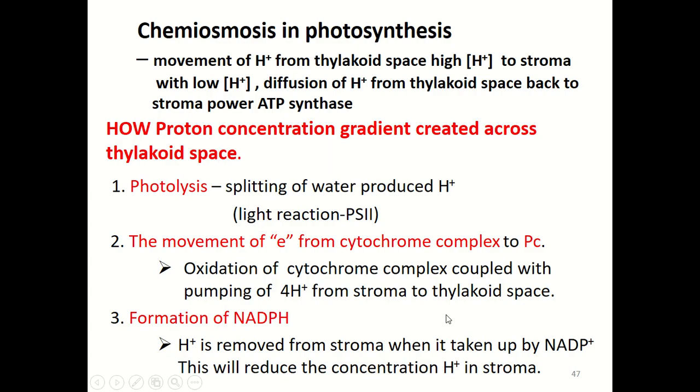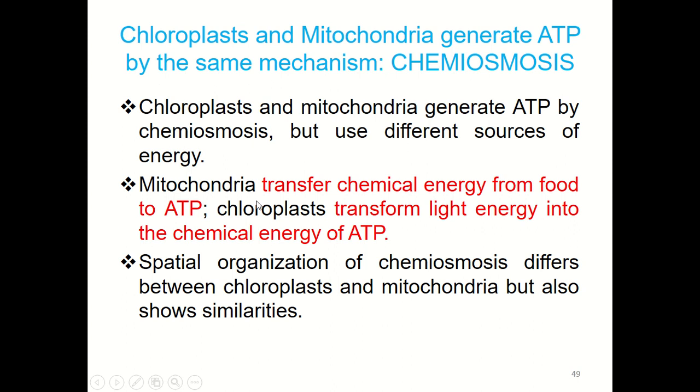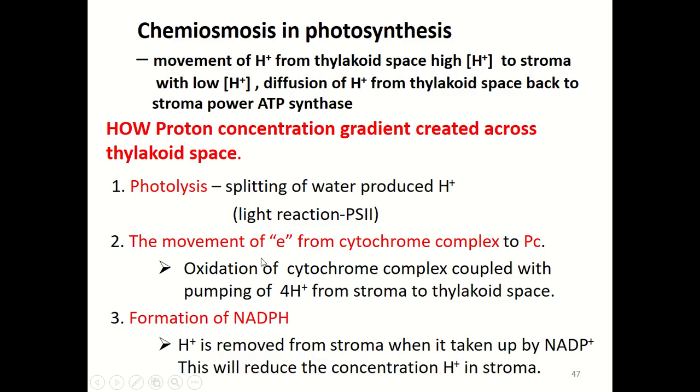Okay, and then how is the proton concentration gradient created? How is the proton concentration gradient produced inside the thylakoid space? First is through the photolysis process, in which the splitting of water produces hydrogen ions inside the thylakoid space, and also the movement of electrons from the cytochrome complex to plastocyanin.